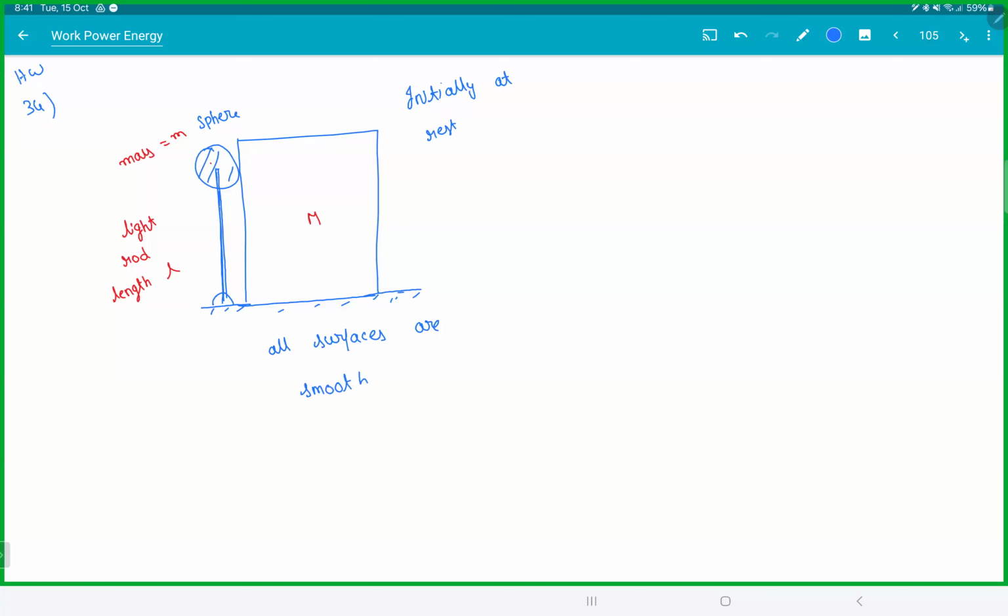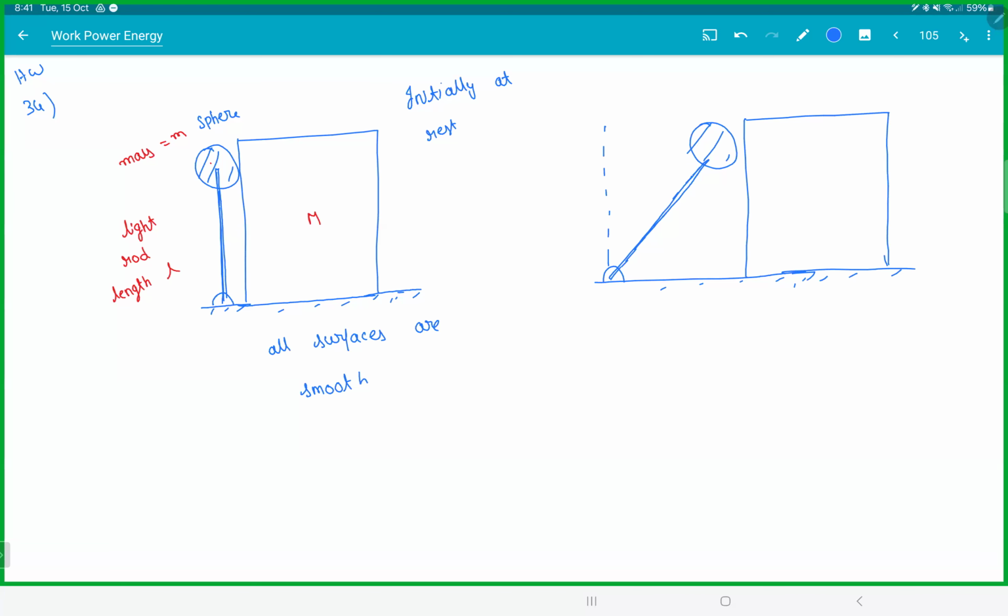Now someone gently pushes it. If you just gently push this thing, what will happen? This sphere won't remain here. The sphere will become like this. Now it is observed the sphere just loses contact with the block.